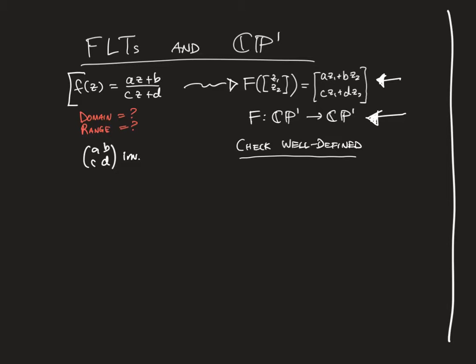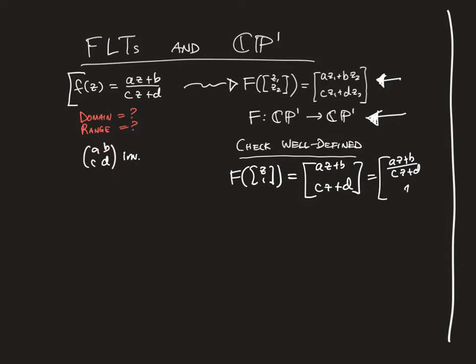And this agrees with our original definition because points in C, so of the form (z, 1), get mapped to (az + b, cz + d), and when the bottom is non-zero, you can convert this into what we had before.